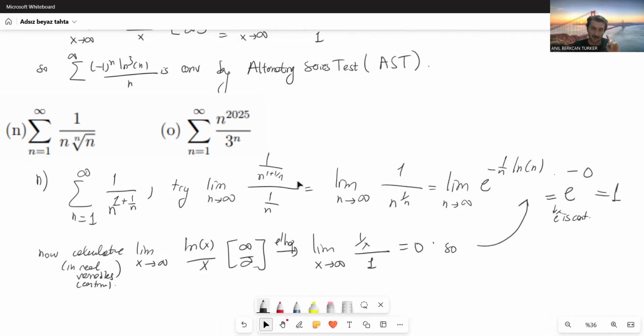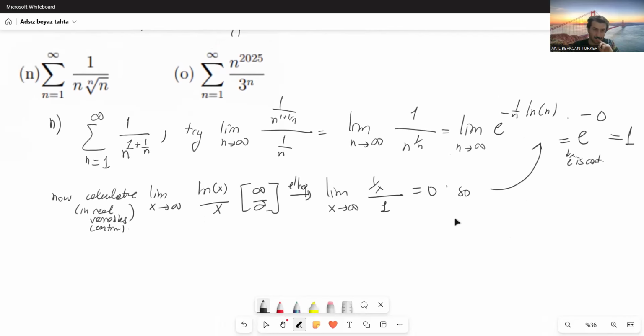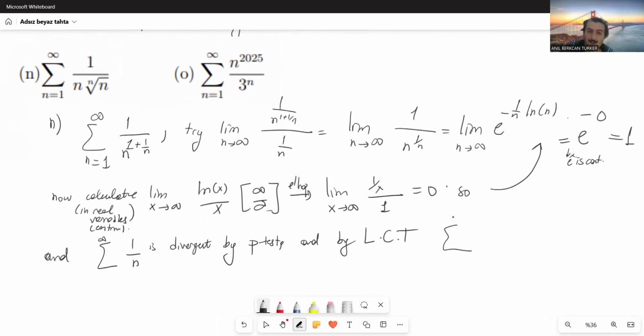So we can say that the comparison series is divergent by the p-test, and by the limit comparison test, this series is divergent, right?